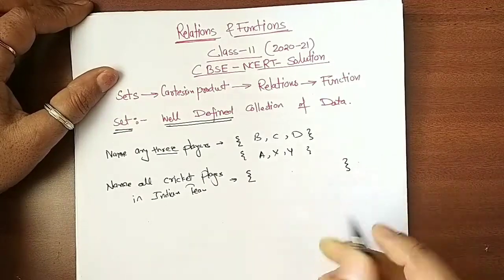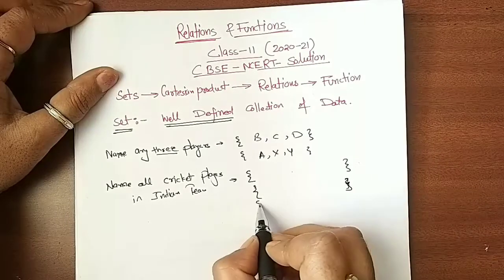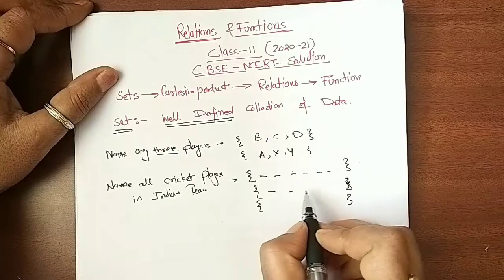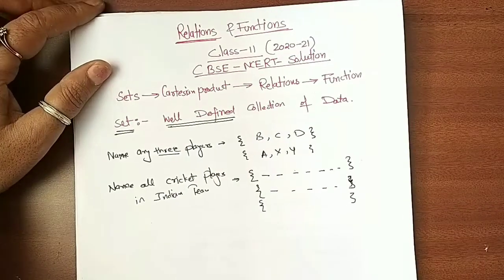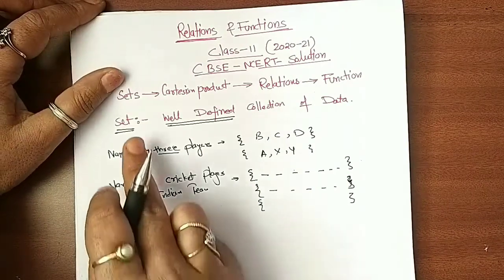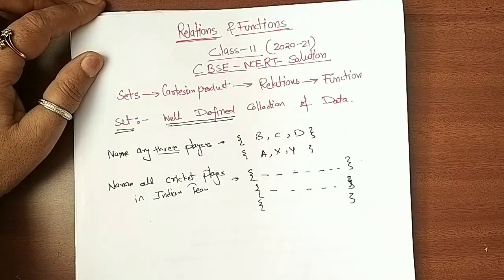Whether you answer that question or I answer that, or maybe your friend answers, it's always going to have the same number of people. It's not going to change with time, with days, or with people. So that is called well defined data. Okay, so that is a set, a collection of data.